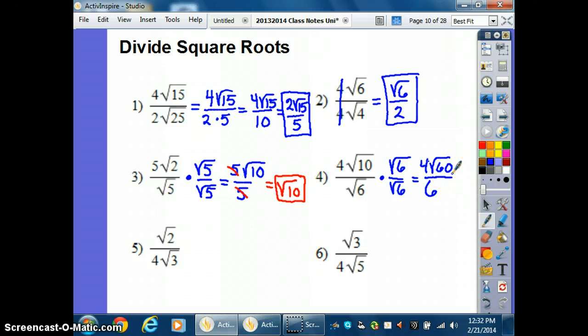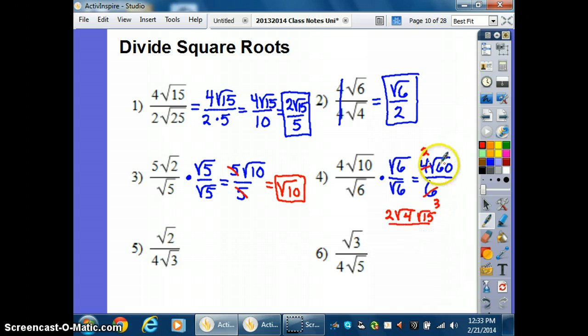All right, so let's clean this up. 2 and 3, we reduce 4, 6. And where should I go? Okay, I guess I'll go down here. 2 times, now 60 I'm going to break down to 4 and 15.